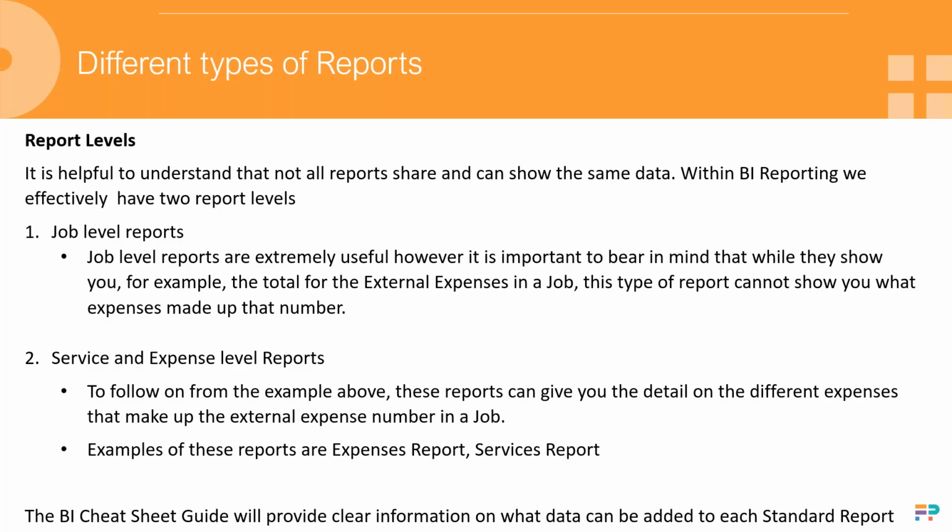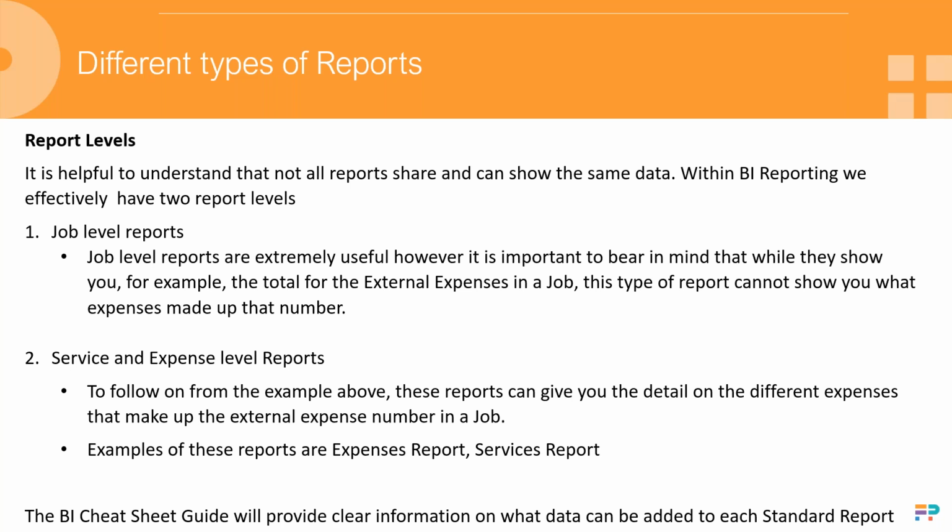So before we dive into the reports themselves, I just wanted to look at a couple of things which have a bearing on how the reports work. Within FunctionPoint, within the BI reporting tool, there are two levels of data. There's what we think of as the job level reports.